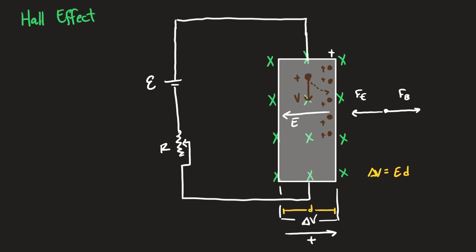Because the electric field here can be, again, related to QE equals QVB. And v here is the drift velocity.